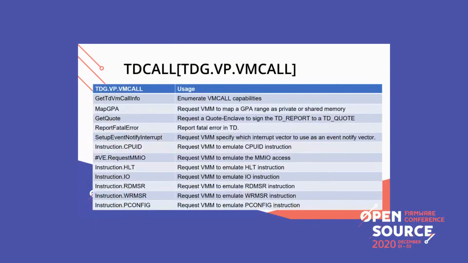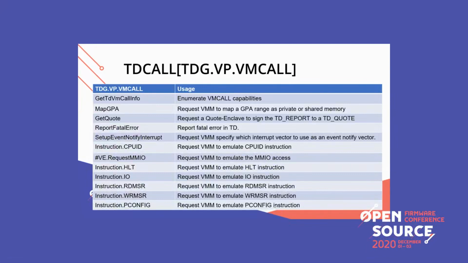TDVMCALL is introduced to let the TD invoke the VMM services. First, TDVMCALL GetTdVmCallInfo is to enumerate the VMCALL capabilities. TDVMCALL MapGPA is to request the VMM to map a guest physical address to a private page or a shared page. TDVMCALL GetQuote is to request a quoting enclave to sign the TD report to be a TD quote.